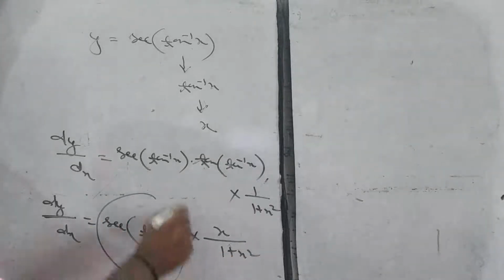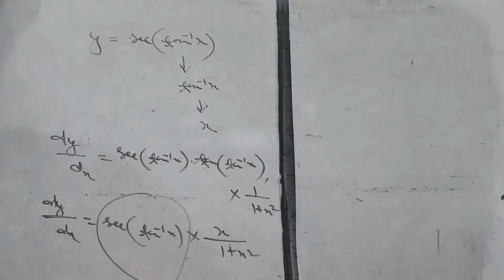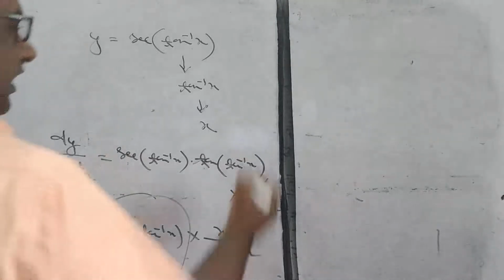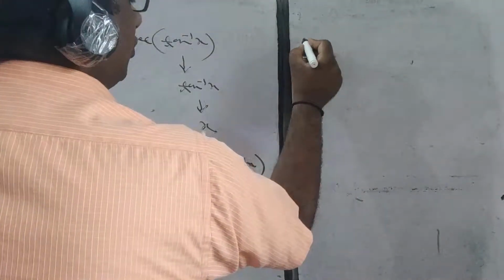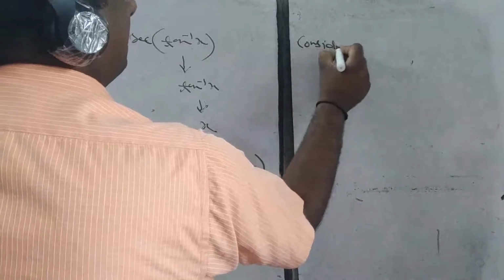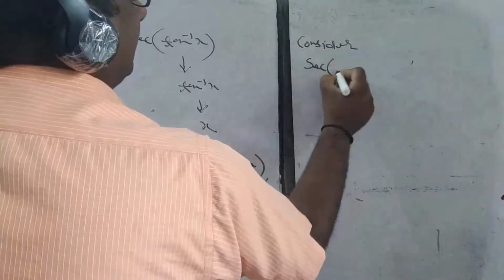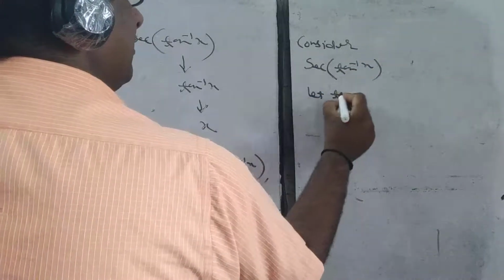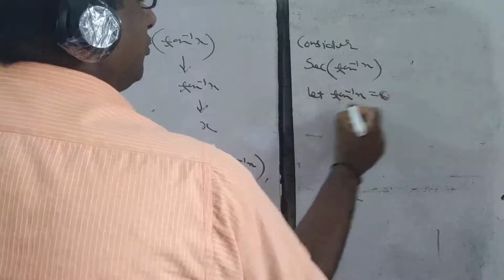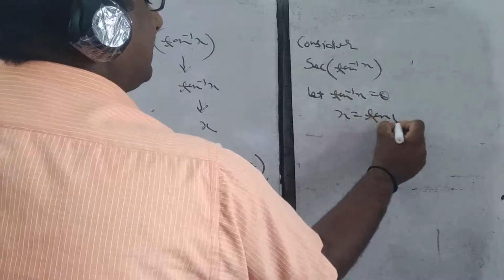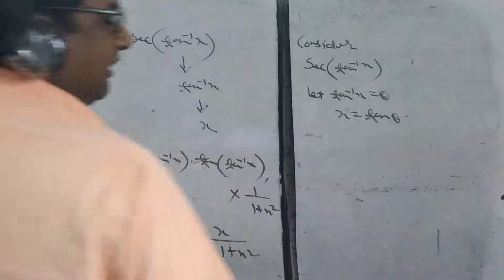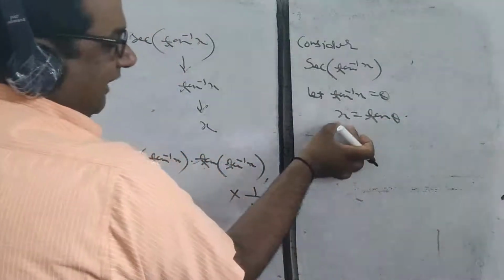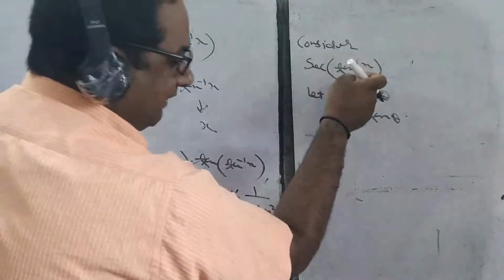Now you have to convert this also in terms of x. How can you do that? Consider sec tan inverse x and let tan inverse x be equal to theta. So the value of x becomes tan theta. So tan theta is x. What is the value of sec theta?